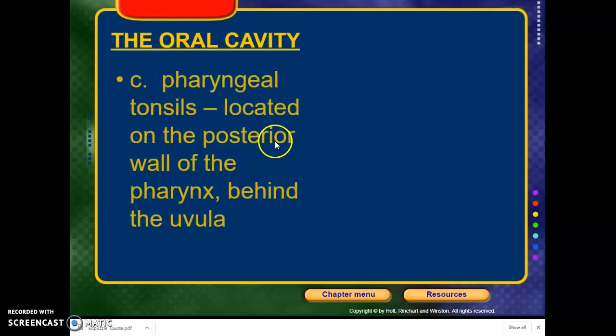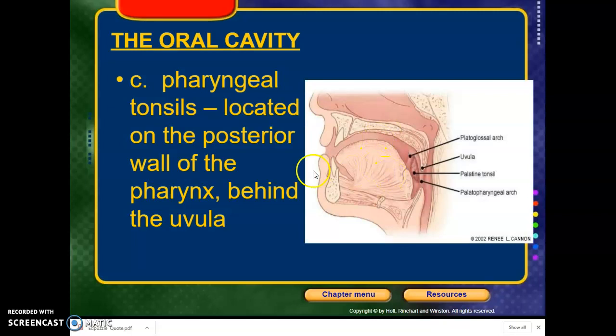Second set of tonsils are called the pharyngeal tonsils. They are located on the posterior wall of the pharynx behind the uvula. Remember, posterior means back. So if this is the pharynx, here's the wall right here. Here's the uvula. Your pharyngeal tonsils are up here in this area. They're not actually marked on this particular slide, but it's a good slide to see where they're at.